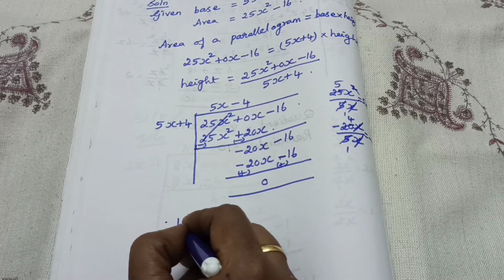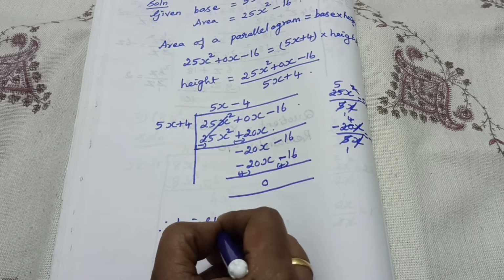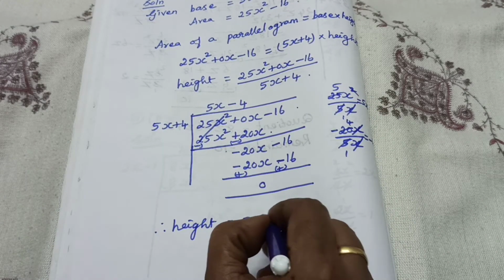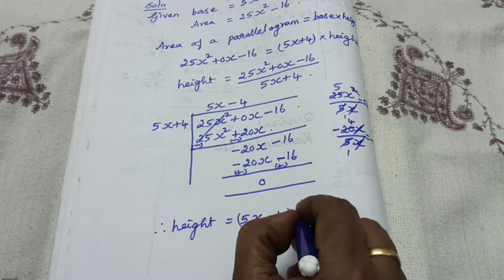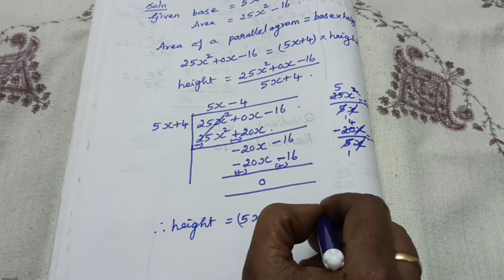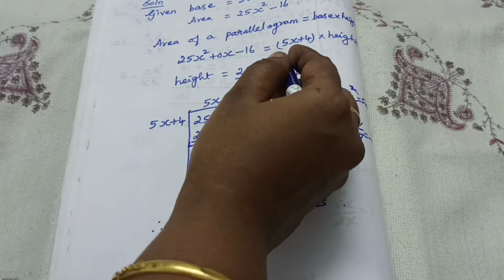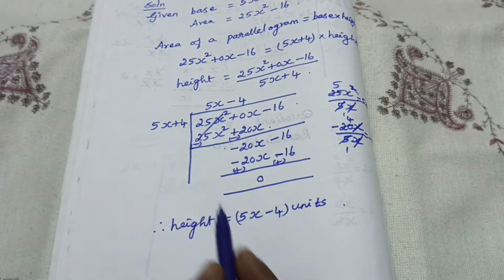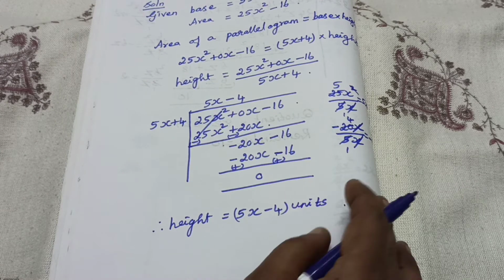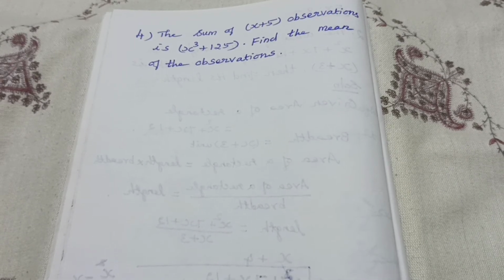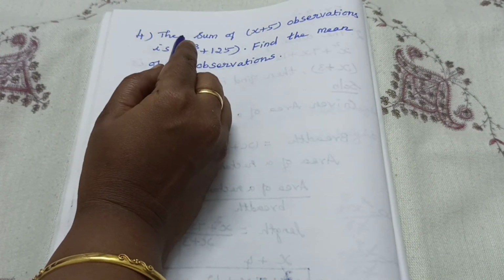And therefore height is equal to 5x minus 4 units. Okay, this quotient is the answer. If we divide this, what's the height? 5x minus 4 is the height. Okay, clear?